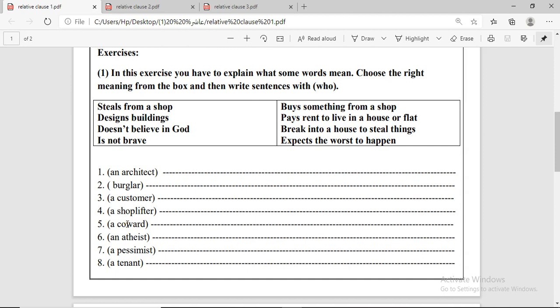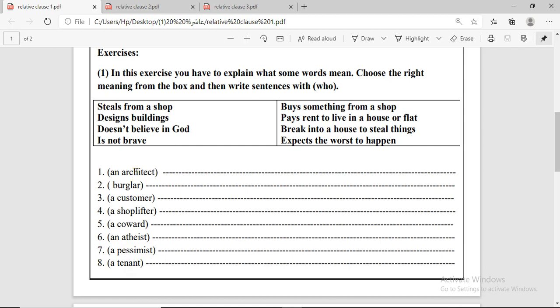Coward, جبان. An atheist, ملحد, يعني الشخص الملحد اللي ما عنده إيمان. Pessimist, متشائم. And tenant, مستأجر.